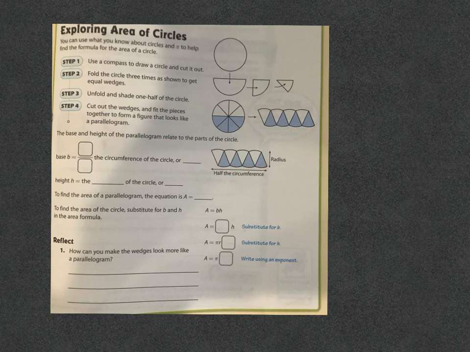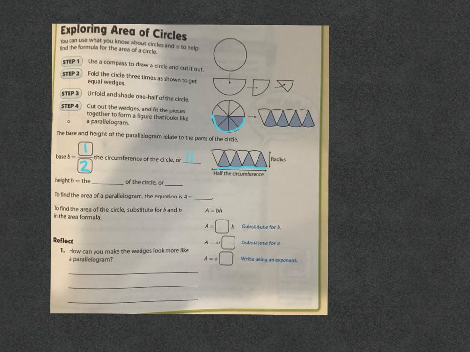So we have half of the circumference, right? And then we have our radius value right there. So the base of our parallelogram is half of the circumference. This is now our parallelogram. It came from here, half the circumference of the circle.